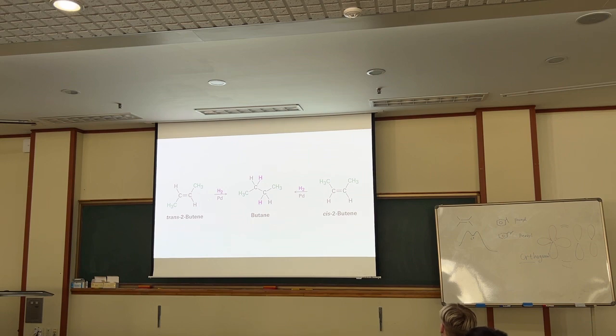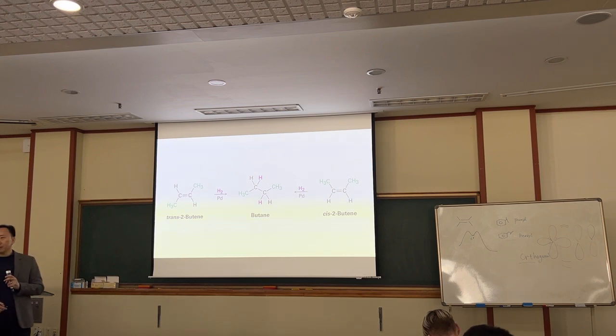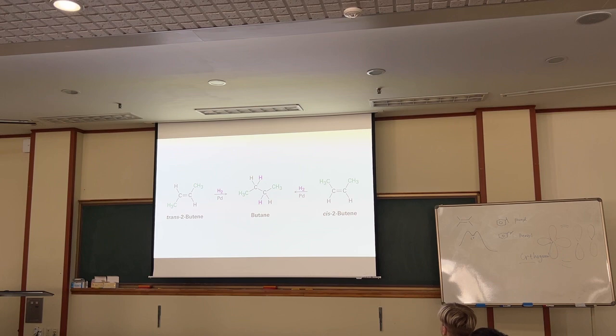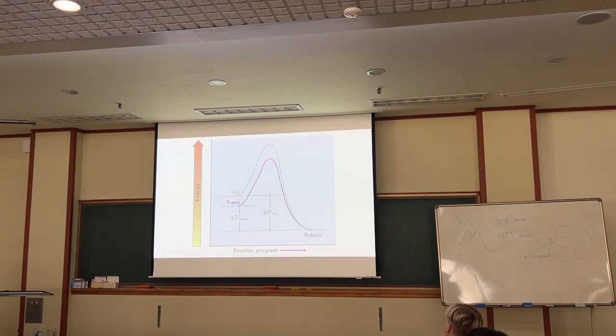Okay, now if you look at this, trans and cis forms. To compare this energy level experimentally, one way is to convert this into the same product. Actually, there's one simpler way, let's talk later. So here, if you add hydrogen to this, both of them form the same product, correct? Then you can compare the energy level for each reaction. Product is the same, so you have the same standard.